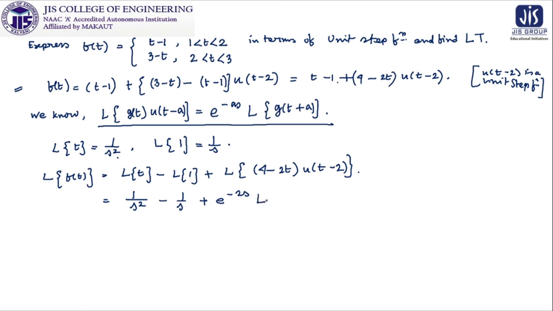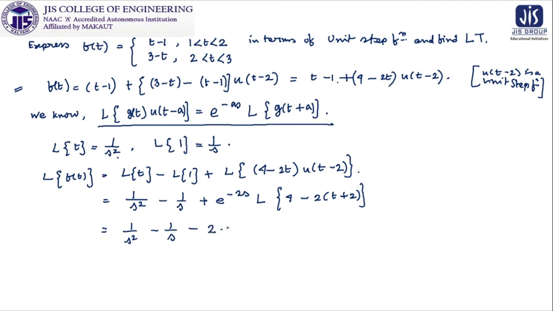Then the Laplace transform of g(t plus a), so the Laplace transform of 4 minus 2 into (t plus 2). After that, basically nothing is new, because we are just going to simplify the thing.